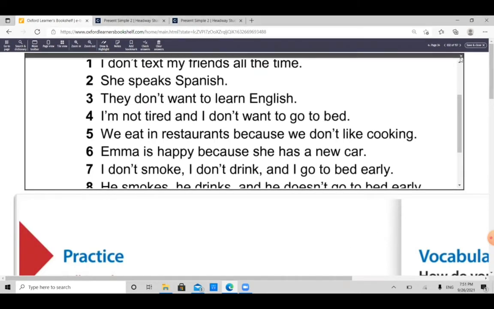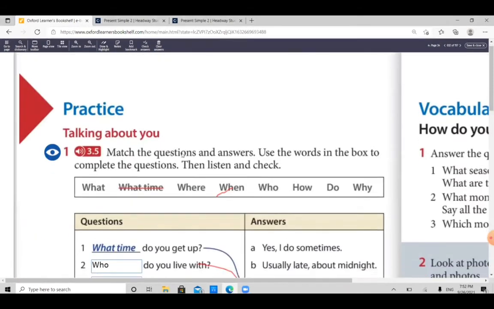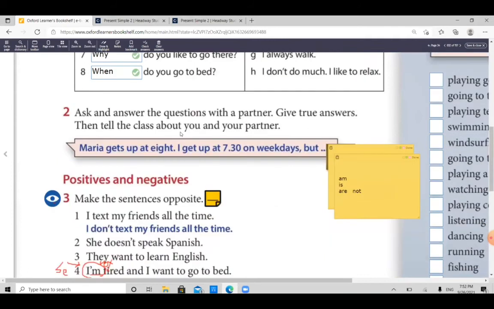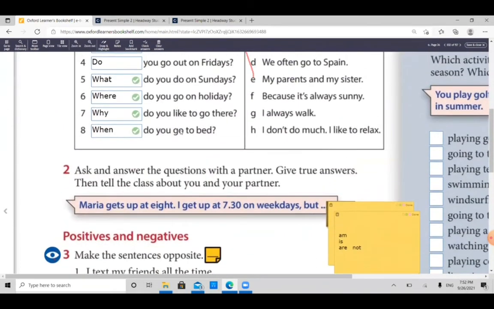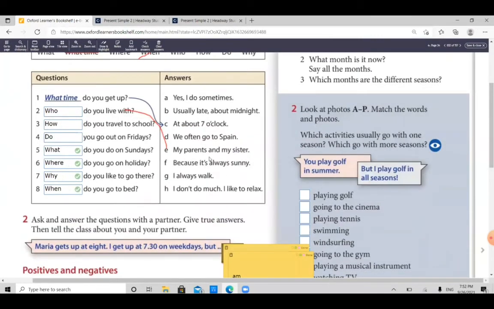So this is the positive, negative, question in present simple with all kinds of subjects, plural, singular, third person singular, and so on. Now please look at these pictures.